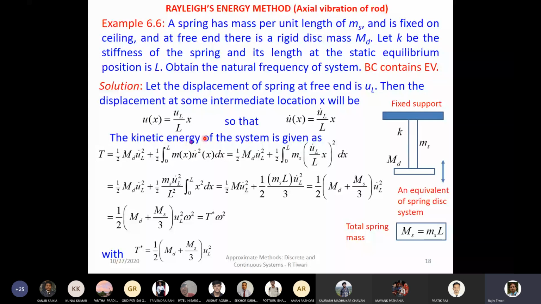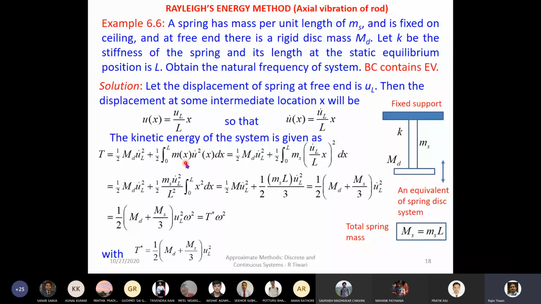Now we want to write the kinetic energy of the system because the Rayleigh's energy form requires that. So the disk kinetic energy will be this much, because the disk is having mass and the velocity UL dot. So this is the kinetic energy of the disk. Spring is having continuous variation of the mass.